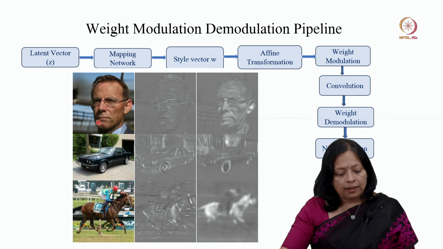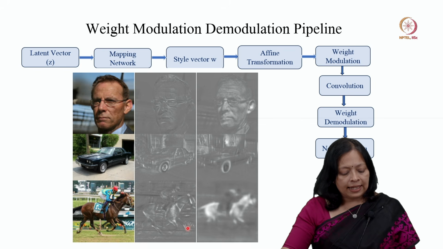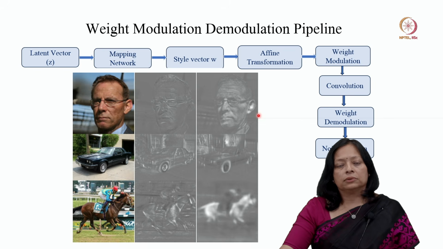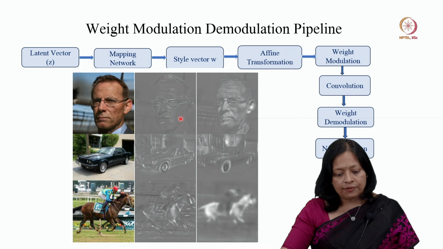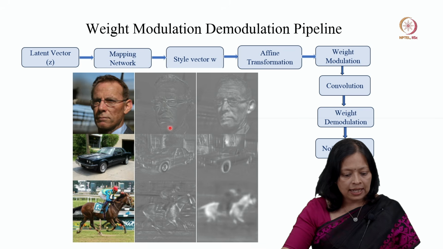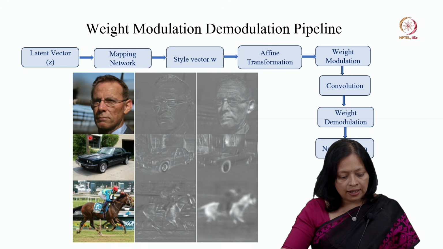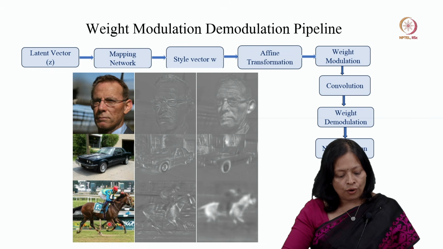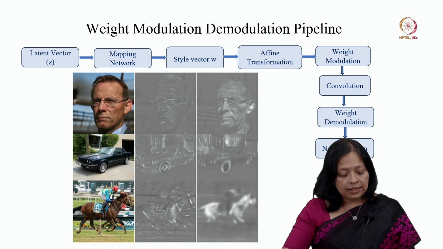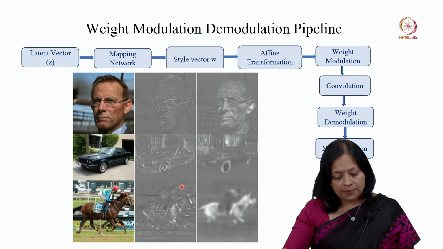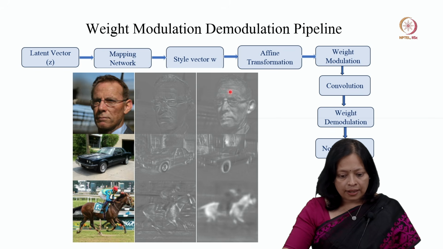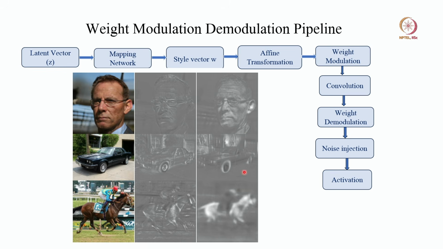Now, this is a picture I have taken once again from the original paper where StyleGAN 2 was introduced. This is the image and this is the feature map, and we do not see any artifacts here. This is the image of a human face, this is the image of a car, this is the image of a horse or a man riding the horse, and these are the associated feature maps, but there are no artifacts present here.